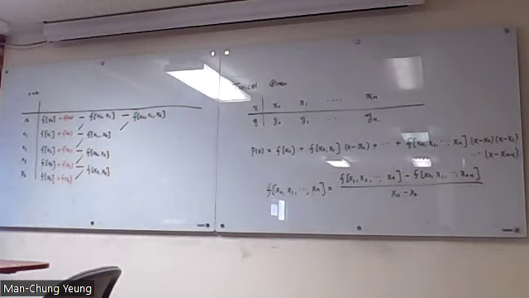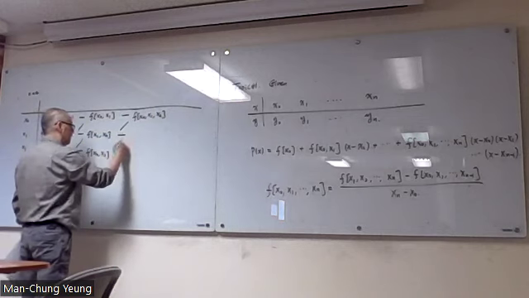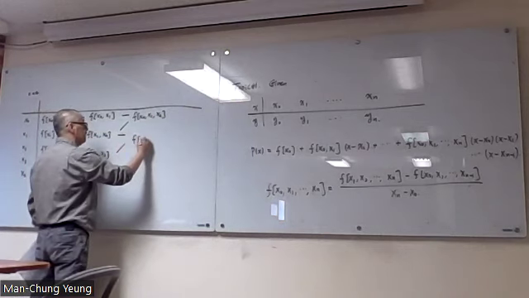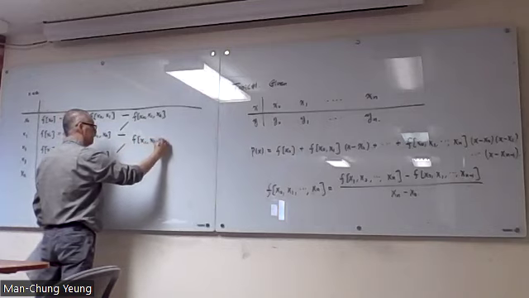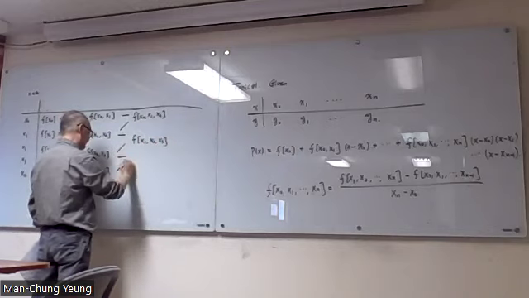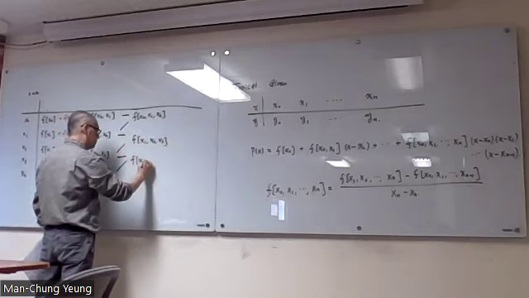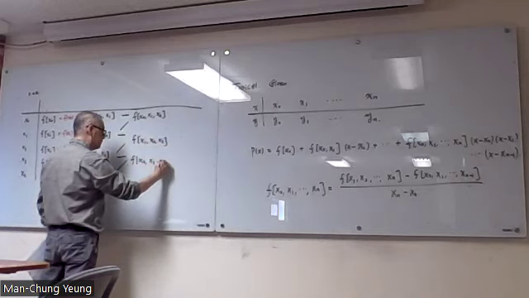The book calls this the difference of order 2. Now from these two, we can compute f[x1, x2, x3], and this is f[x2, x3, x4].